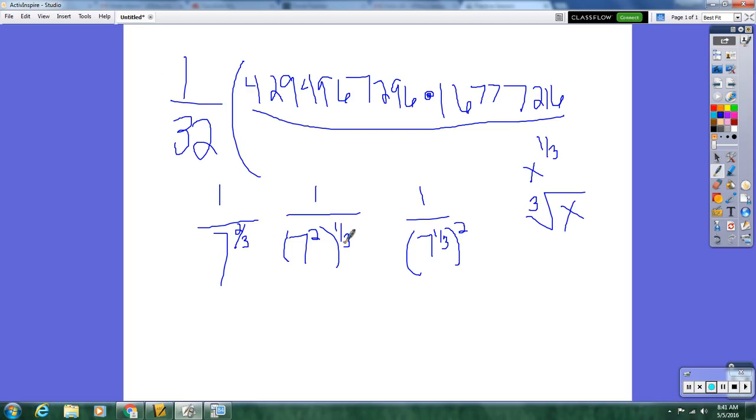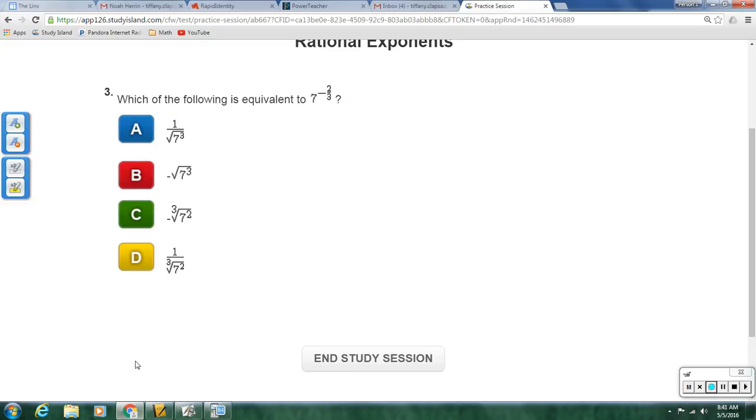So this is really 1 over the cube root of 7 squared, and 7 squared is 49, but I doubt they put it that way. So, right here, 1 over the cube root of 7 squared.